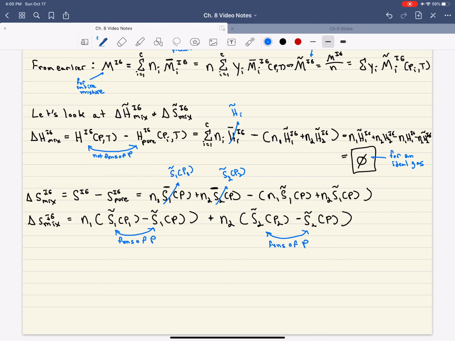To figure out what that value is, the approach we're going to take is to use the fundamental entropy equation. Okay, so let's go do that.